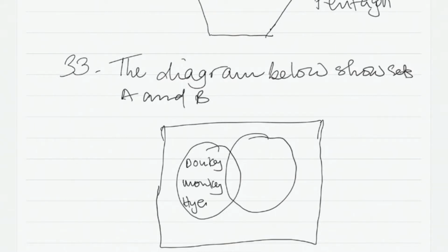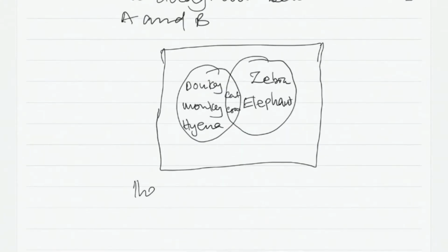Then set B has zebra, elephant. Then in the intersection set we have cat and cow.